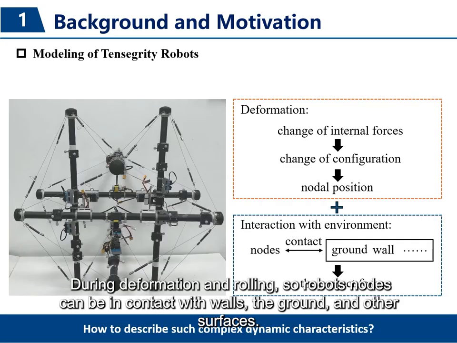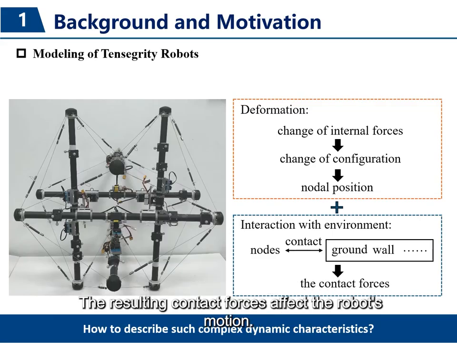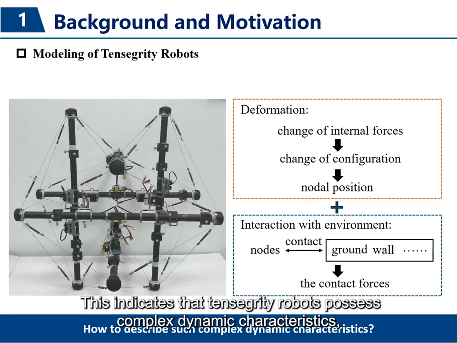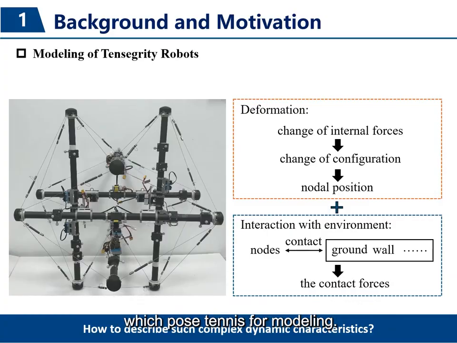During deformation and rolling, the robot's nodes come into contact with walls, the ground, and other surfaces. The resulting contact forces affect the robot's motion. This indicates that tensegrity robots possess complex dynamic characteristics, which pose challenges for modeling.